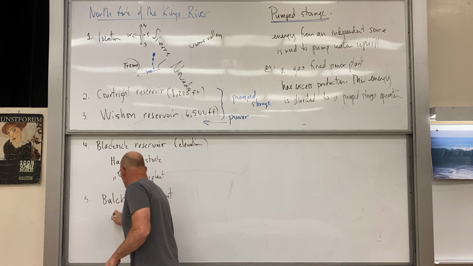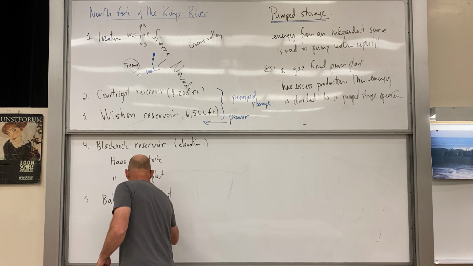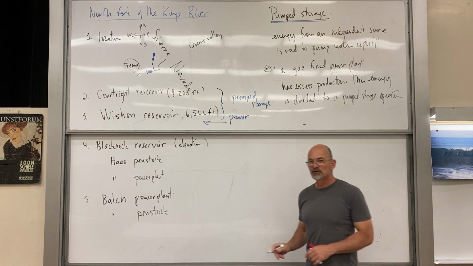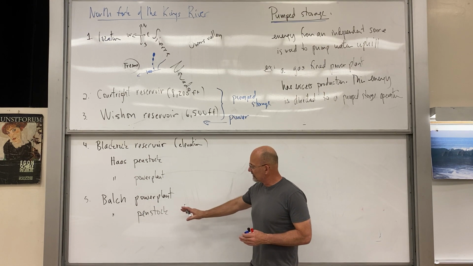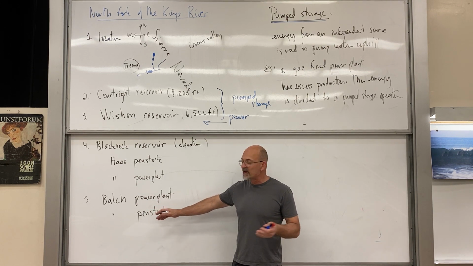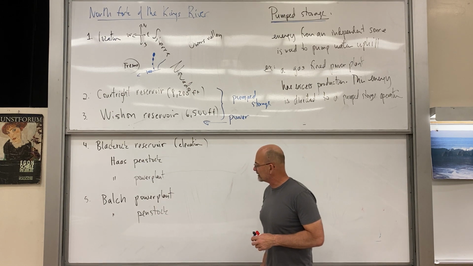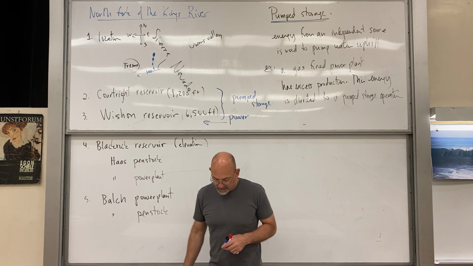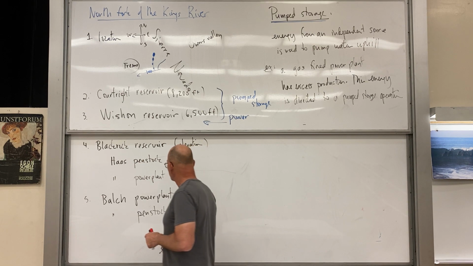And also its penstock. They're major construction projects to even run these 1,000, 2,000 foot tubes down the side of a granite mountain. So you've got the Balch power plant and penstock, and then you keep going some greater distance.